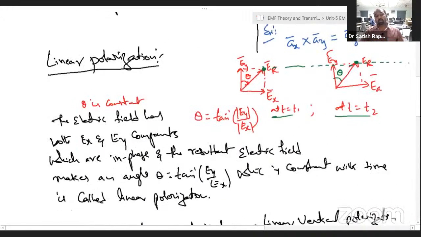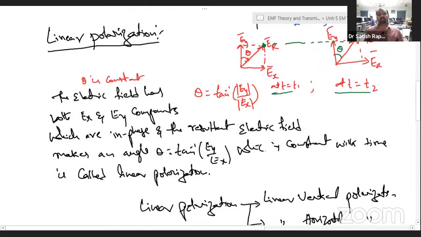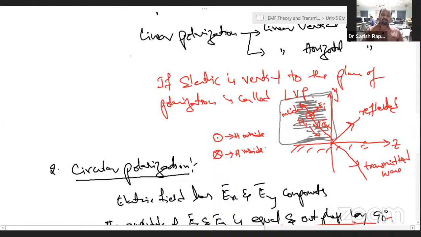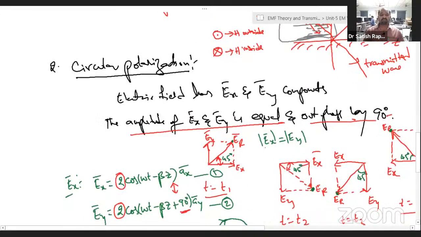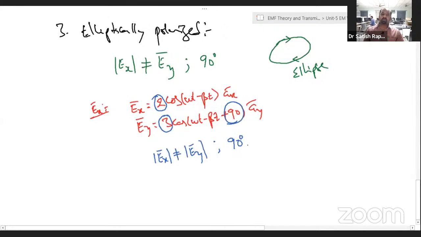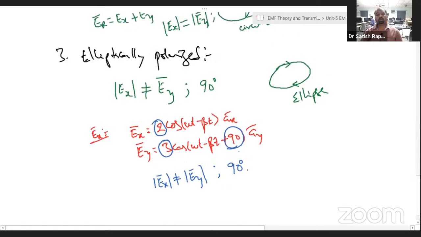Linear, when the variation of the electric field is a straight line. Circular, when the variation is a circle. And elliptical, when the wave moves elliptically in space with time.